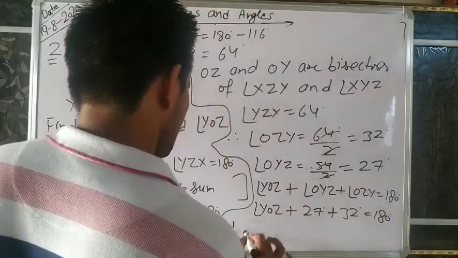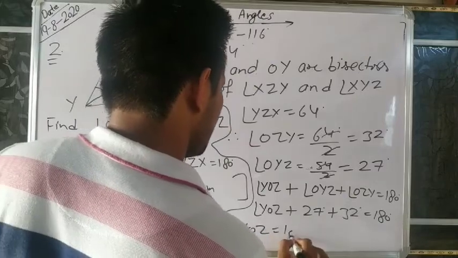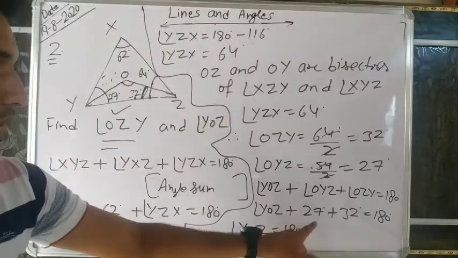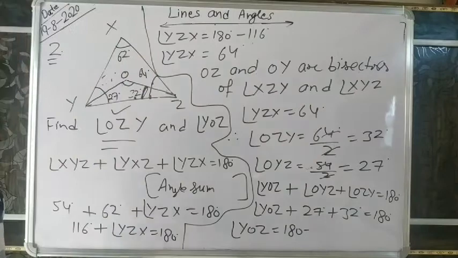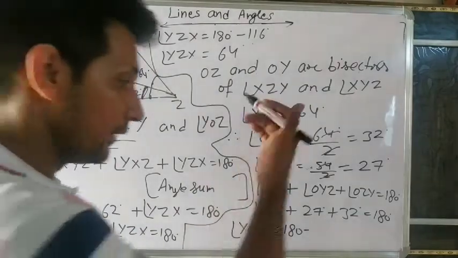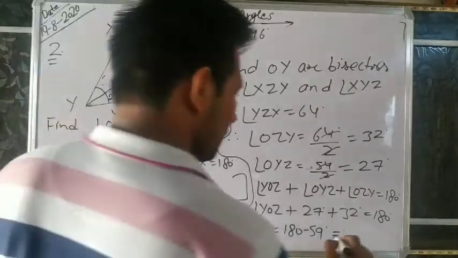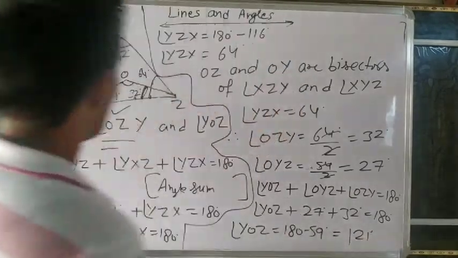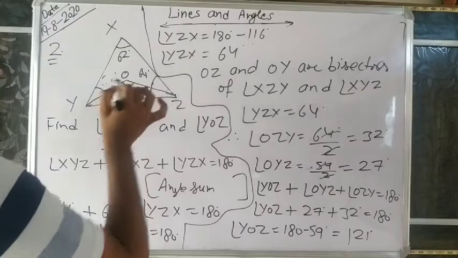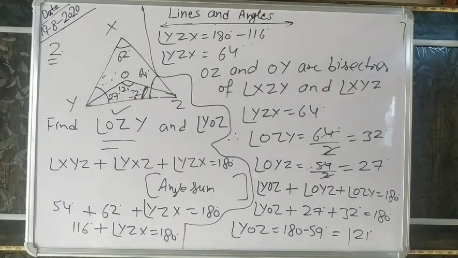So I am writing directly here: 180 minus 59. 59 on another side, minus, and how much is this one? 121 degrees.